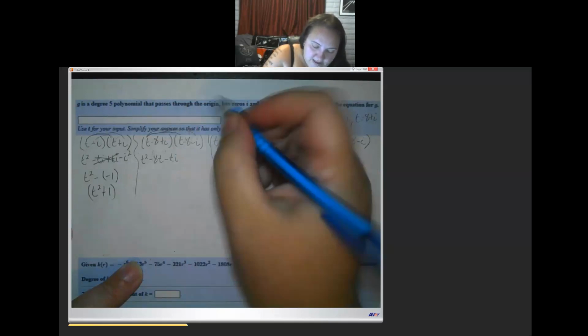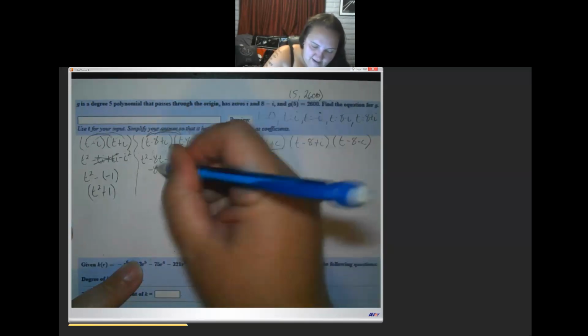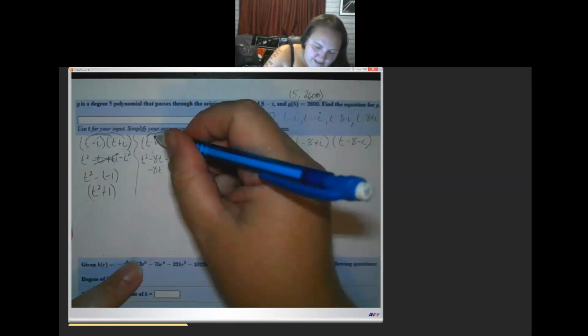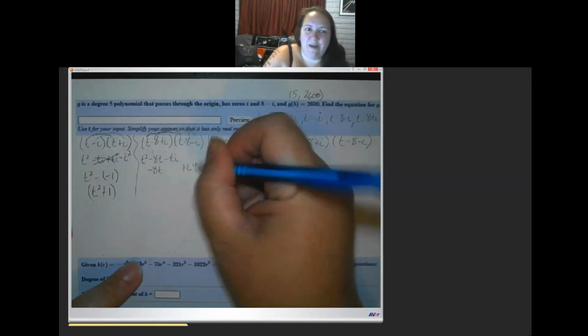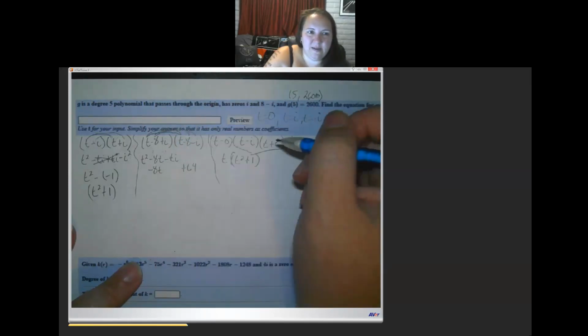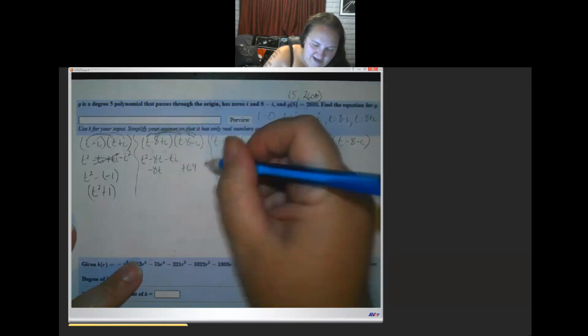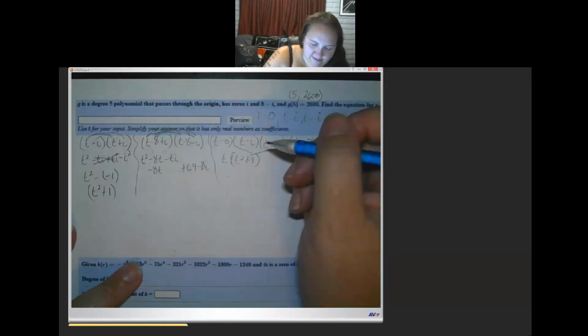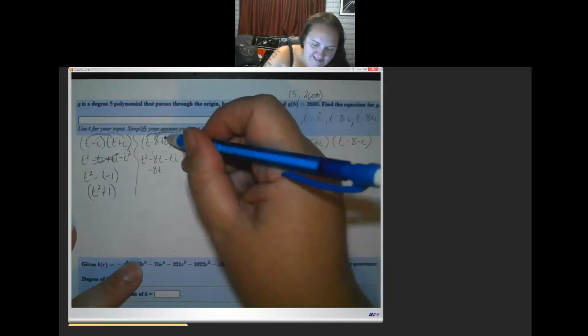Negative 8 times t is a negative 8t. Negative 8 times negative 8 is a plus 64. I'm trying to line up my like terms. Negative 8 times i is a negative 8i. i times t is a plus ti.